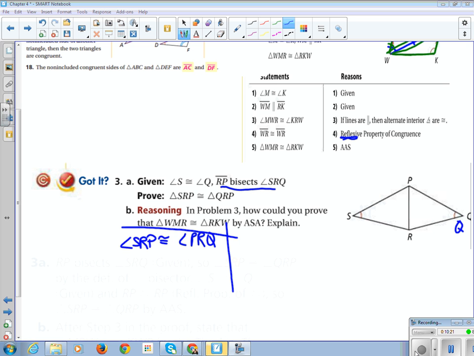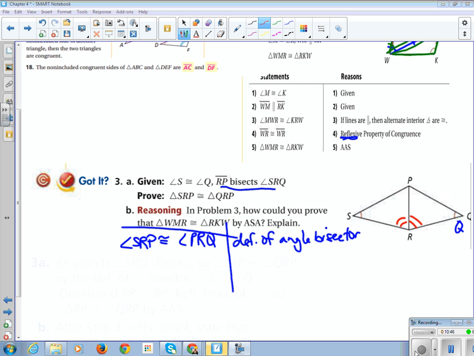That's the definition of an angle bisector. An angle bisector creates two congruent angles. All right, so once we have that, we know that this angle is congruent to this angle. We can write it on our figure because we've stated it as a fact.